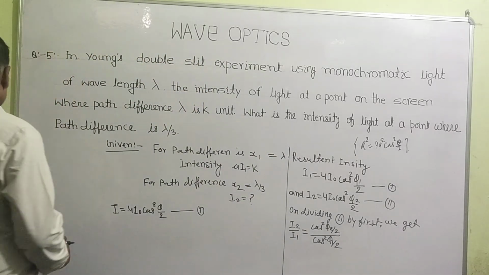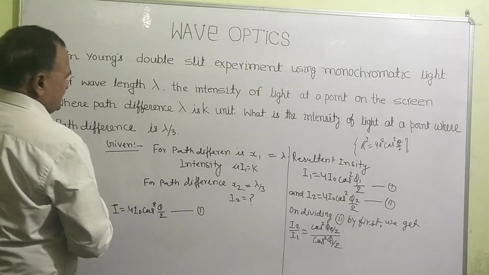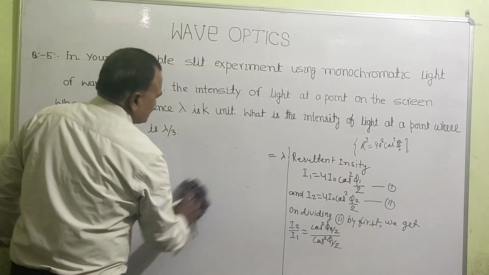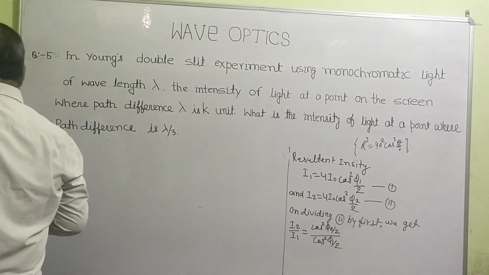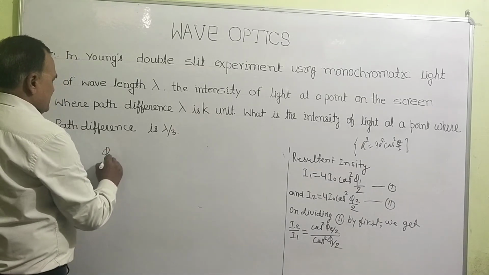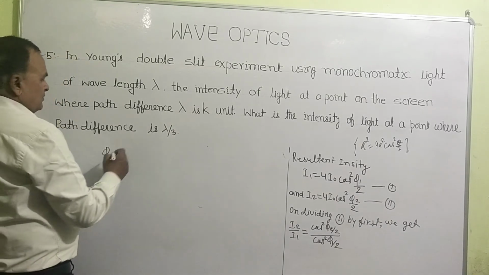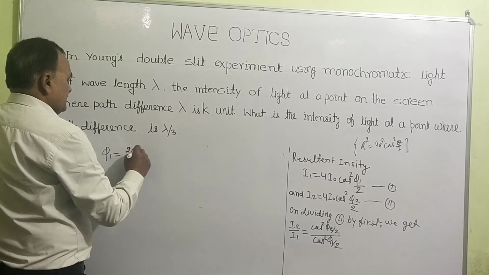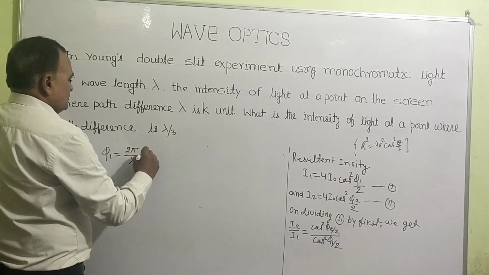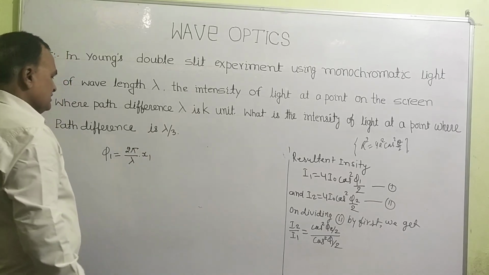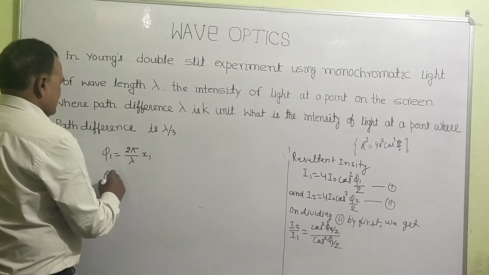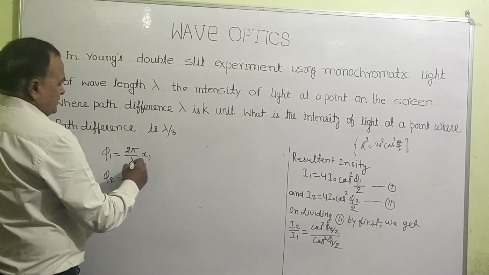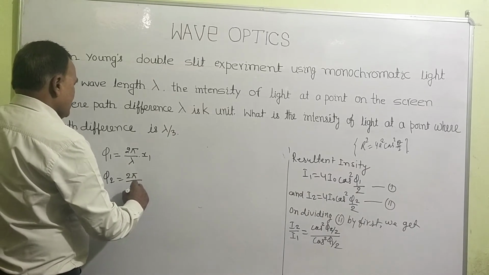We know that the phase difference phi 1 is equal to 2 pi by lambda into x1. Understand? In a similar manner, phi 2 is equal to 2 pi by lambda into x2.